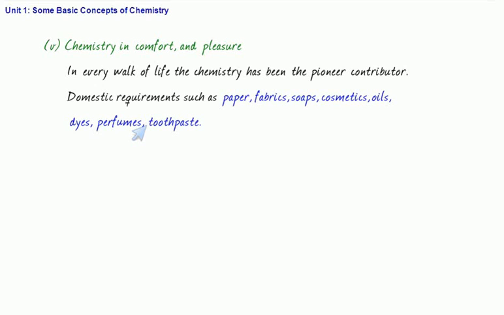Similarly, air conditioning. To make our life comfortable, we use air conditioners, and in an air conditioner we use chemical substances like liquid ammonia, liquid sulfur dioxide, etc.